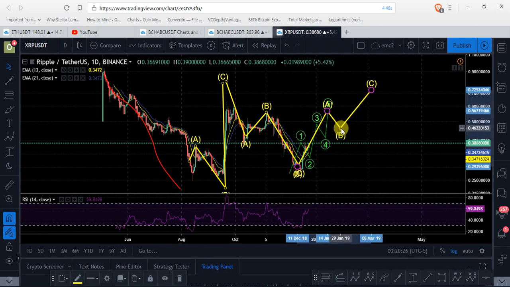You might not even see this inverted head and shoulder, because XRP has so much momentum at this point. It's just ready to take off. So this big correction might be very sharp and quick, maybe 12 to at most 24 hours before it takes off.